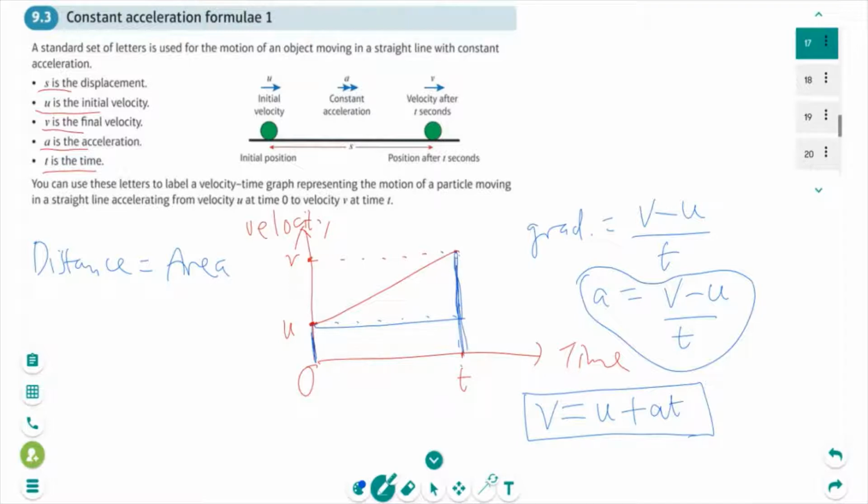So work out the area of a trapezium: u plus v are the parallel sides, then you divide by 2, then you times by the distance between them, which is t. That's the distance underneath that graph, and the correct notation is S. So that's the second SUVAT equation: S equals final velocity plus initial velocity divided by 2 multiplied by the time taken.